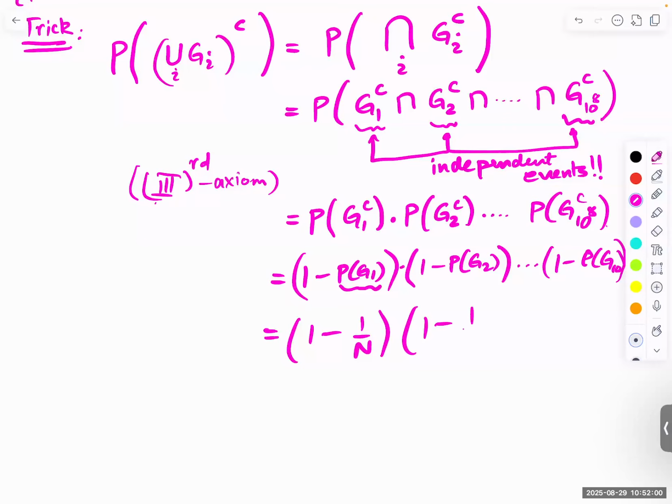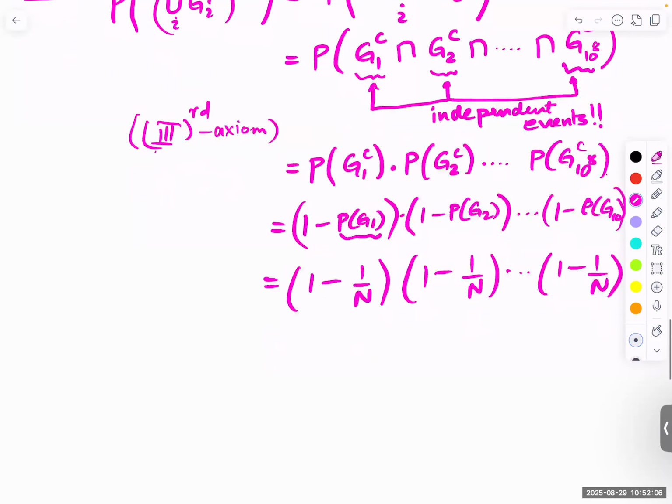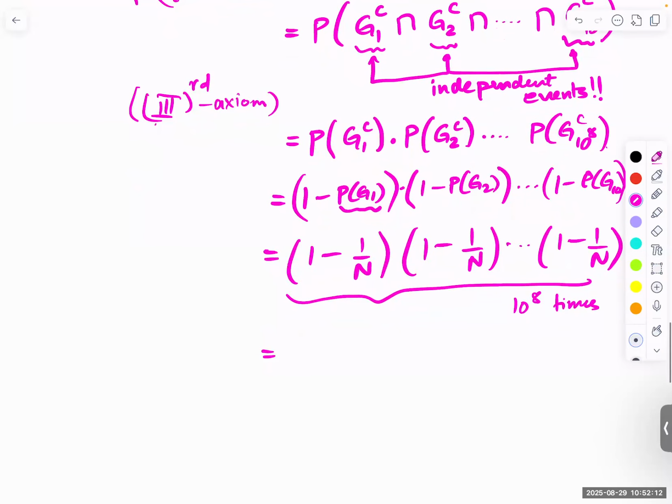P of G2 was 1 by n, all the way till 1 minus 1 by n. Now, how many times do I do this multiplication? 10 raised to power 8 times. So what do I get at the end? This becomes 1 minus 1 by n raised to power 10 raised to power 8. Okay. So we have been able to find this probability.